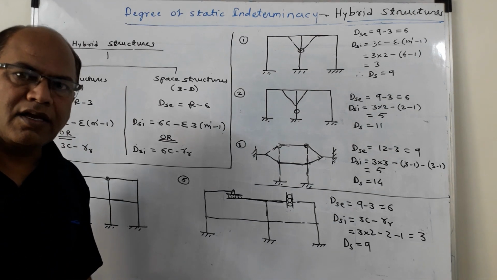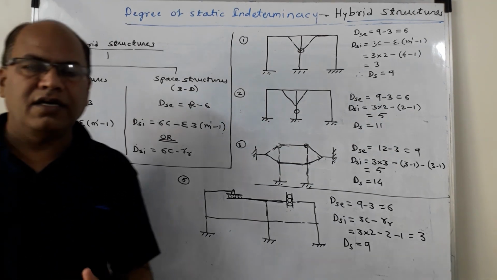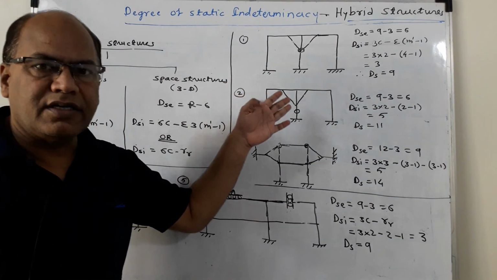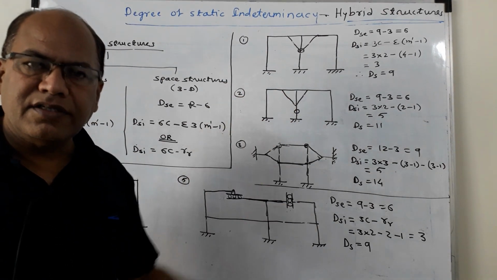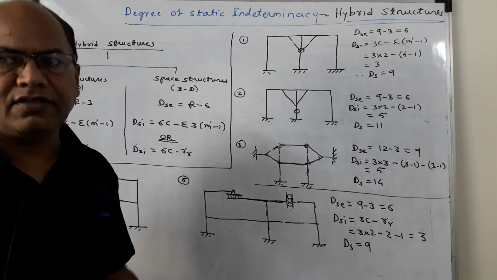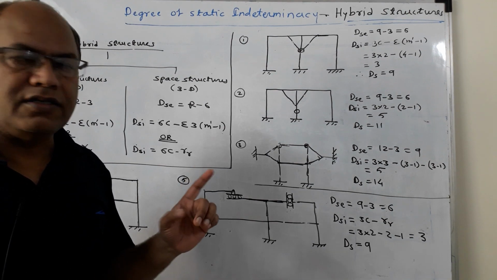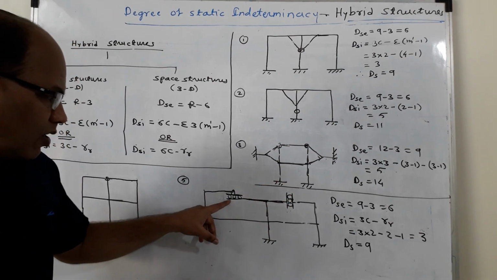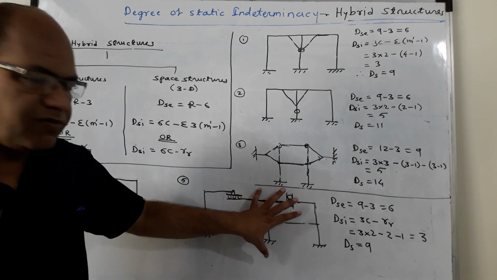But again, generally I did tell you that a hybrid structure is a structure in which some joints are hinge joints and remaining are the rigid joints. But sometimes the structure may be of this type.